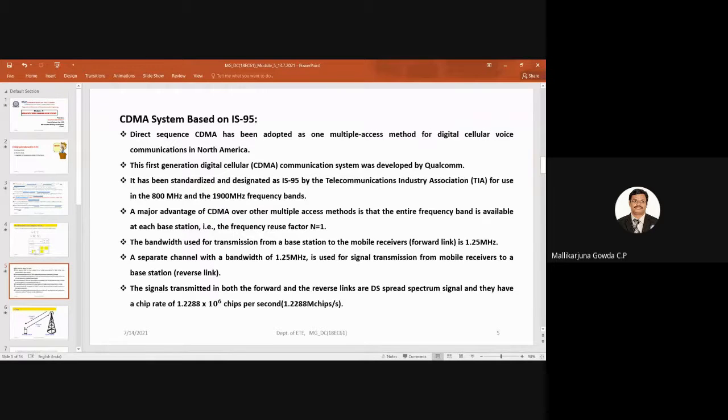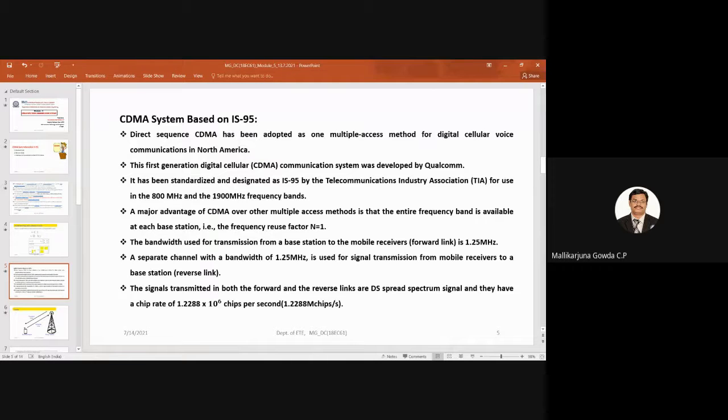If I say forward link and reverse link, you should be able to visualize. Forward link means the signal transmission from base station to the mobile receiver. Reverse link means the signal transmission from mobile transmitter to the base station receiver. So it requires a bandwidth of 1.25 megahertz for the forward link as well as the reverse link.